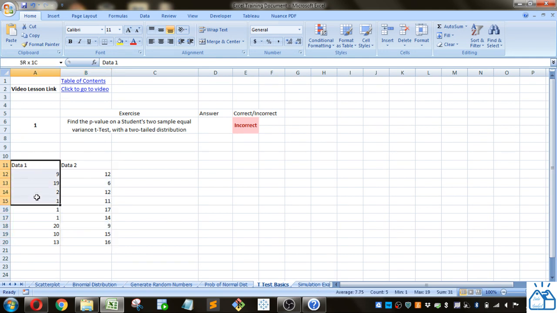So the p-value is going to tell you, let's say you administered a drug, was that drug actually effective in improving the patient's life? And we're just going to assume here that they have equal variance. Two-tailed distribution means that we're interested in the magnitude of the difference, but we're not looking at whether it was strictly better than or worse than some other condition.